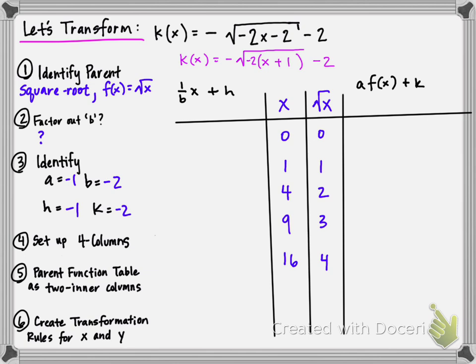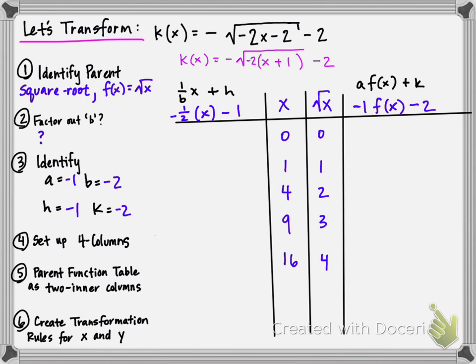Okay, so let's do our transform, right? We got 1 over 2 that's negative times x minus 1. And on a, f of x plus h, we have a, which is negative 1, times that y value we have in that column, minus 2.